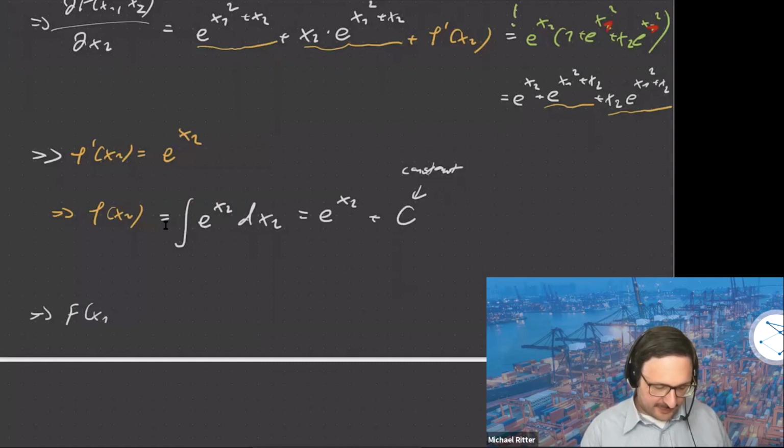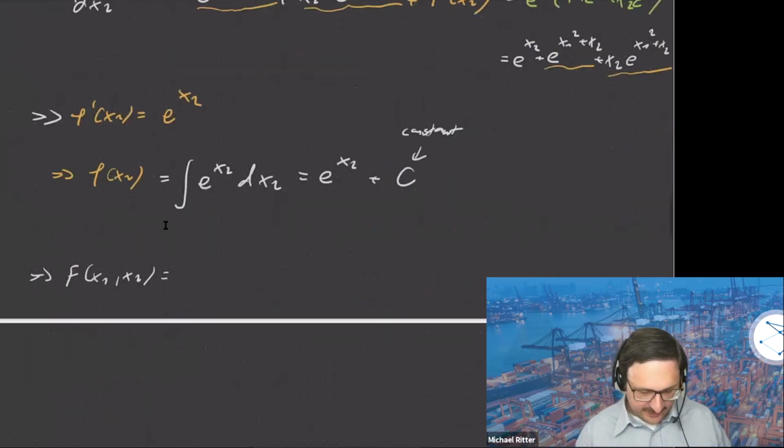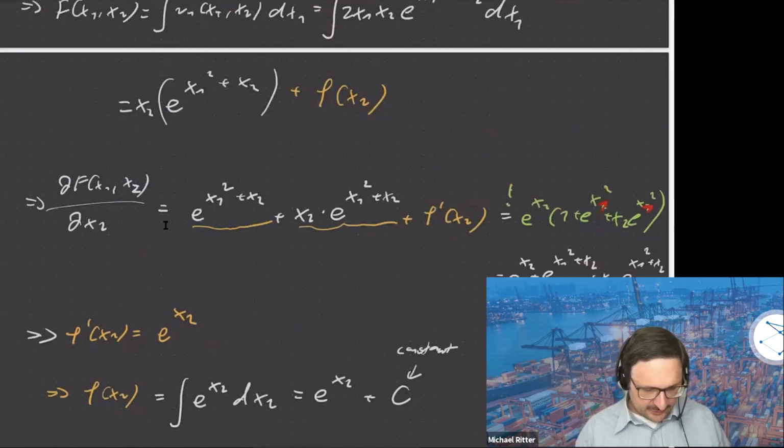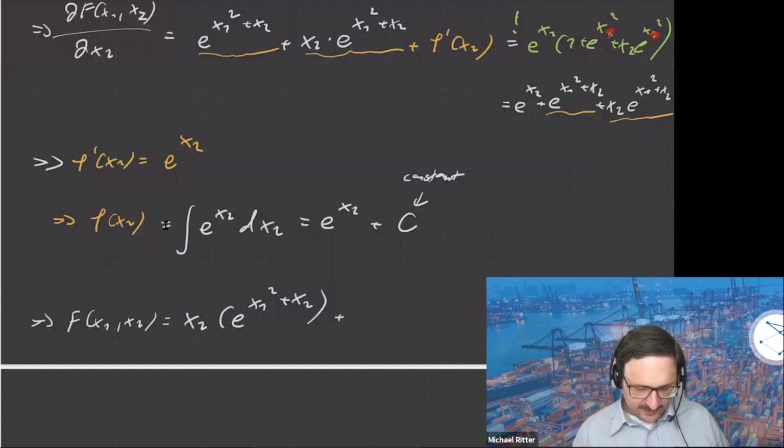So capital F of x1, x2 is then, let's see, we had this expression here already. So we have x2 e to the x1 squared plus x2 plus this phi of x2, and phi of x2 is e to the x2 plus a constant.